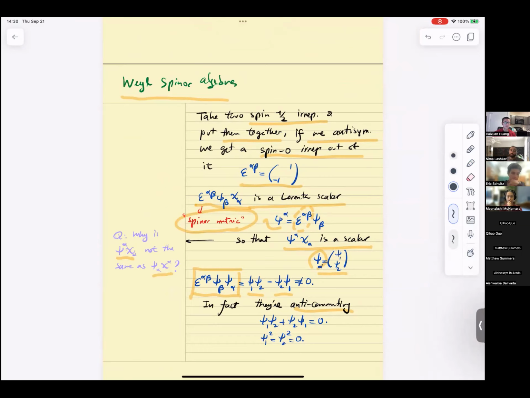Let me try to summarize. So what did we do? Hopefully by now you realize why I'm devoting a whole section of the course to discussing the representation theory of Poincare, because it's involved.